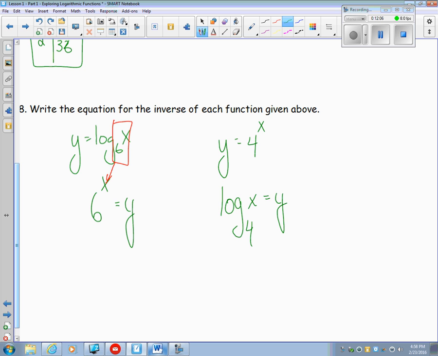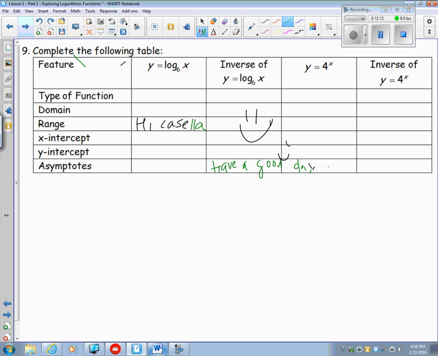Okay, we're going to take a look at some properties now. And again, just practicing, recognizing some things. Oh, and some people wrote on my screen here. Okay, type of function. What is this function called? Well, this is a log function. Okay, what's the domain of a log function? They're always going to be greater than 0.